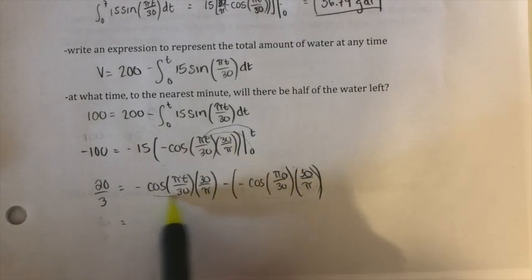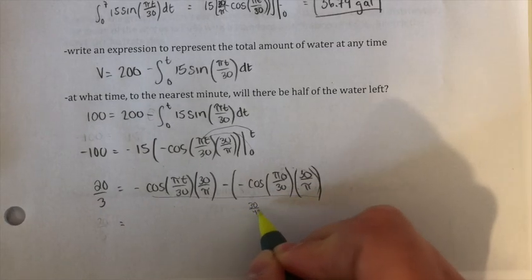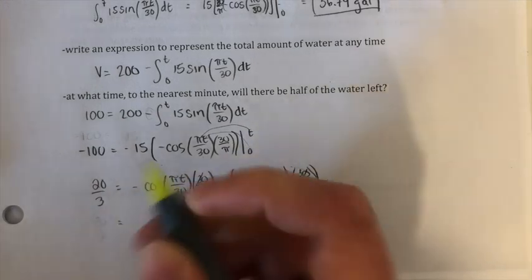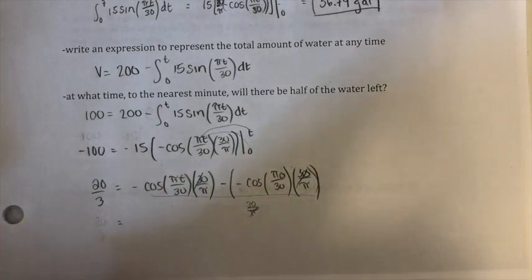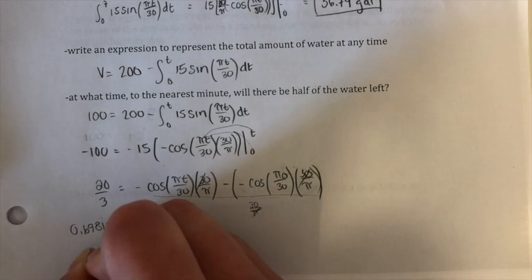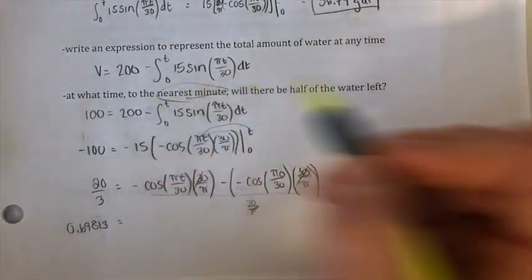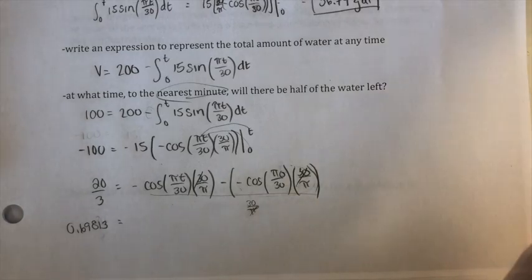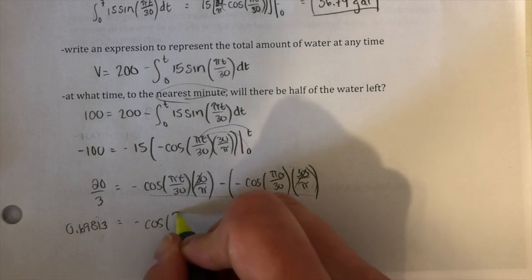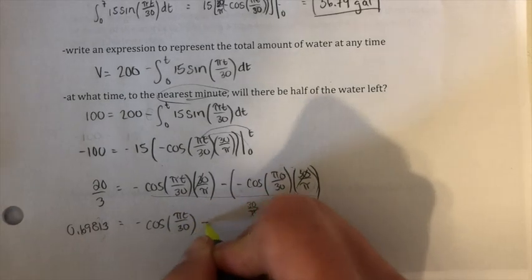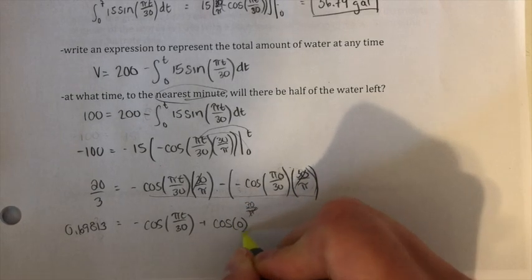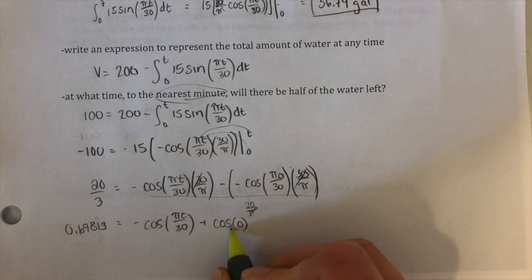If I do that, I'm going to get rid of the 30 over pi from both terms here, and then divide this one by 30 over pi, and then turn it into a decimal. So it's going to be 0.69813. Because this is already saying to the nearest minute, we can round it. So that's going to be negative cos of pi t over 30 minus negative cos, so plus cos of 0. Cos of 0 is 1.